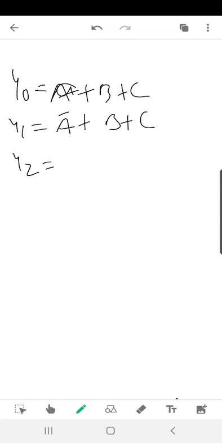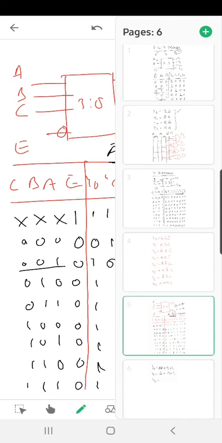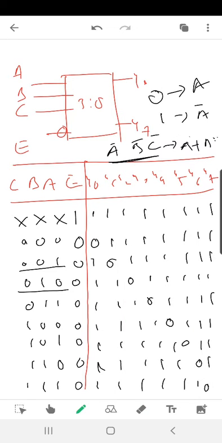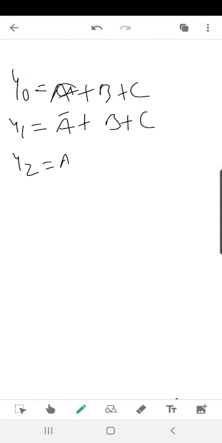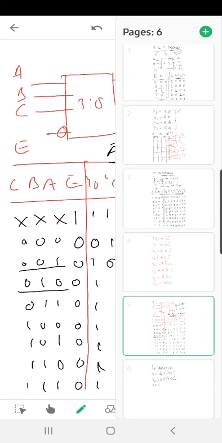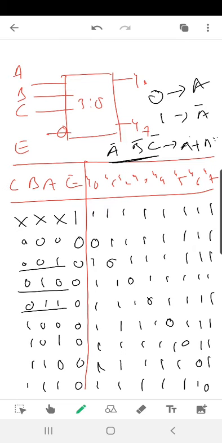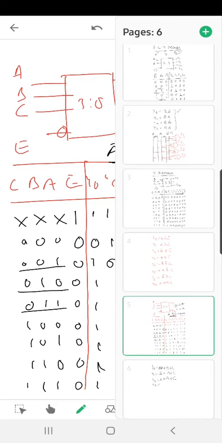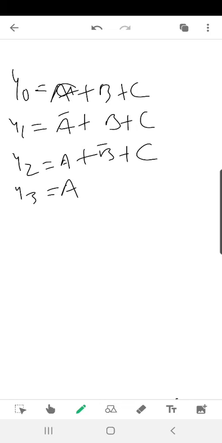The value of y2 is 010, so we will write it as a plus b complement plus c. Then y3 is 011, so we will write it as a complement plus b complement plus c.